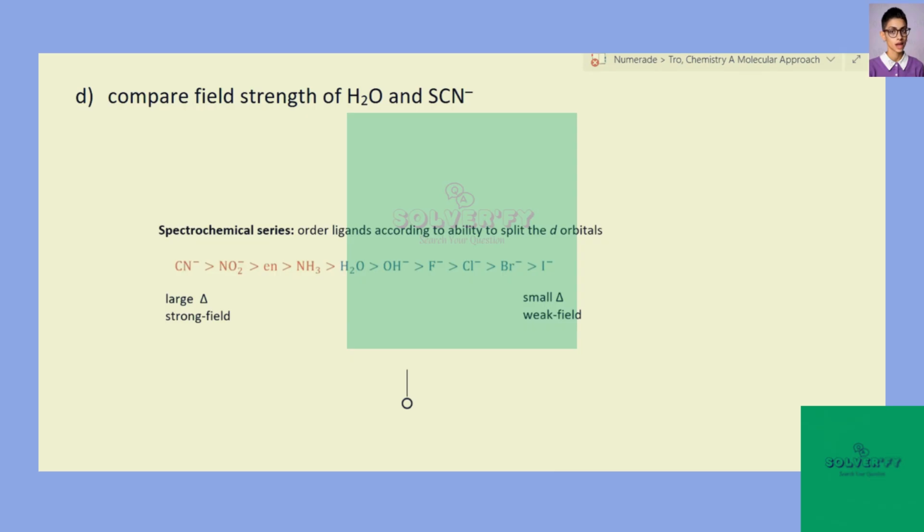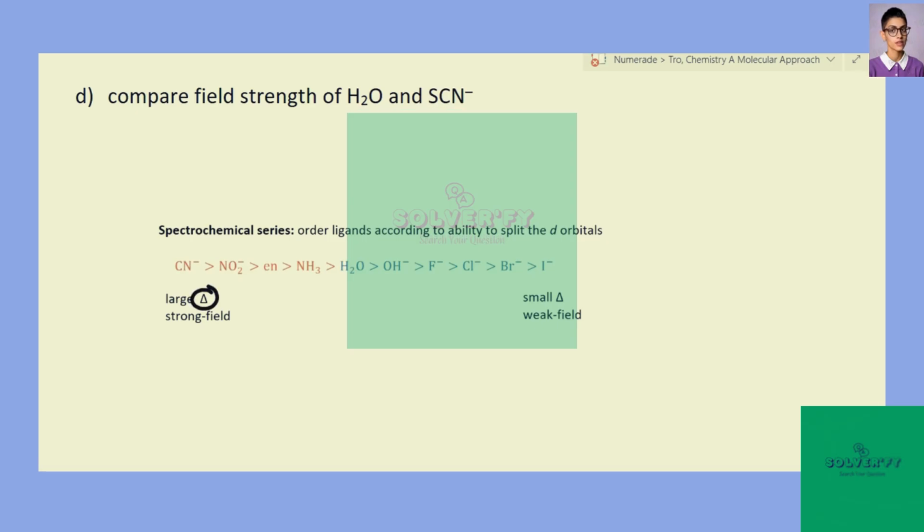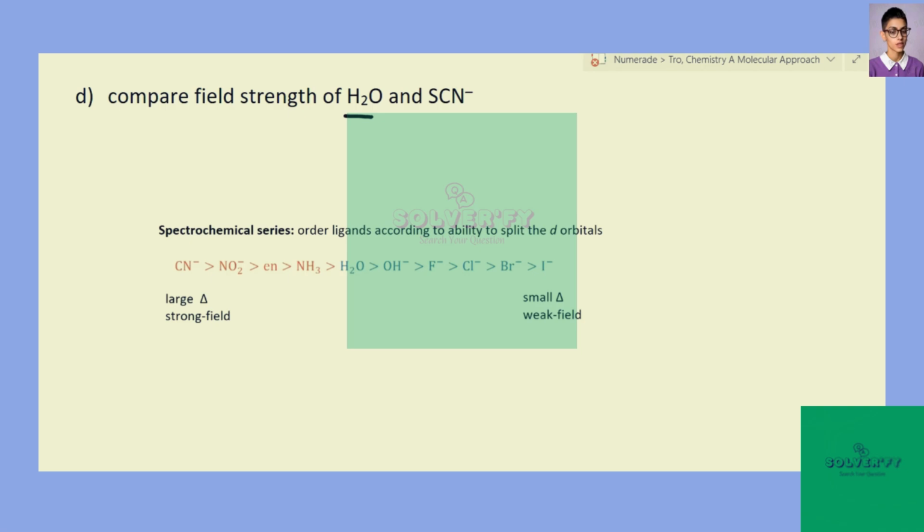So we see that large crystal field splitting corresponds with strong field ligands, while small crystal field splitting corresponds to weak field ligands. So the ligands that we are comparing are water and thiocyanate.